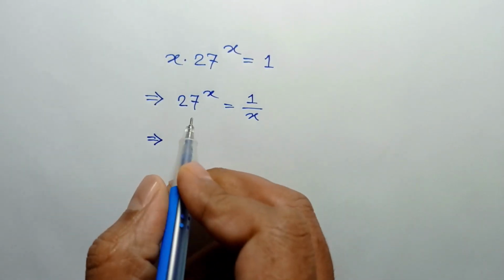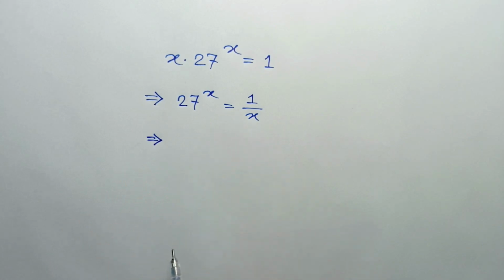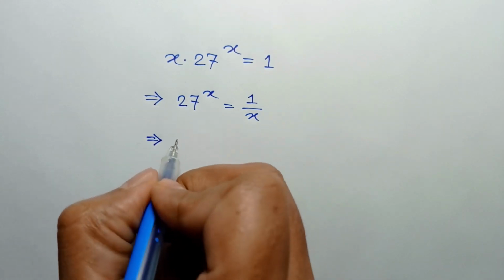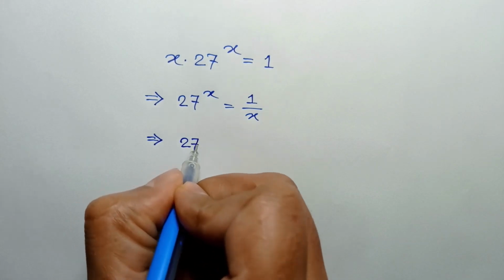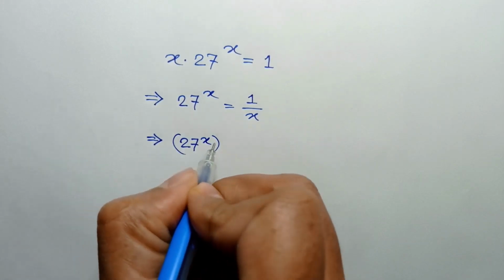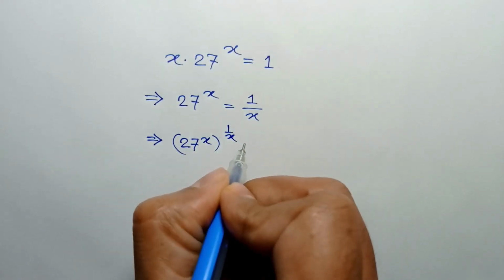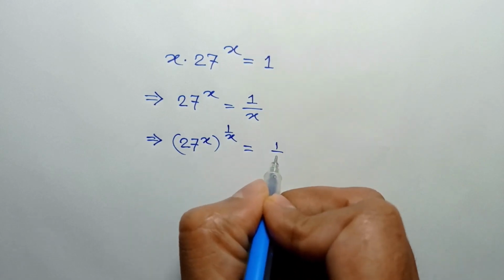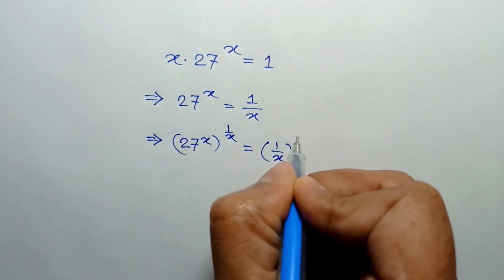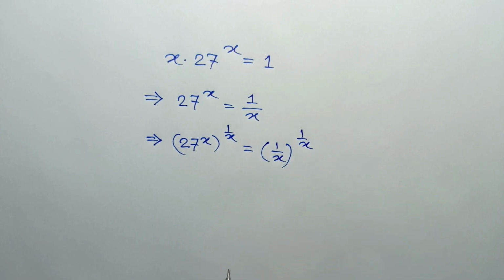Or, raising both sides to the power 1 over x, we can write 27 to the power x, whole to the power 1 over x, is equal to 1 over x, whole to the power 1 over x.